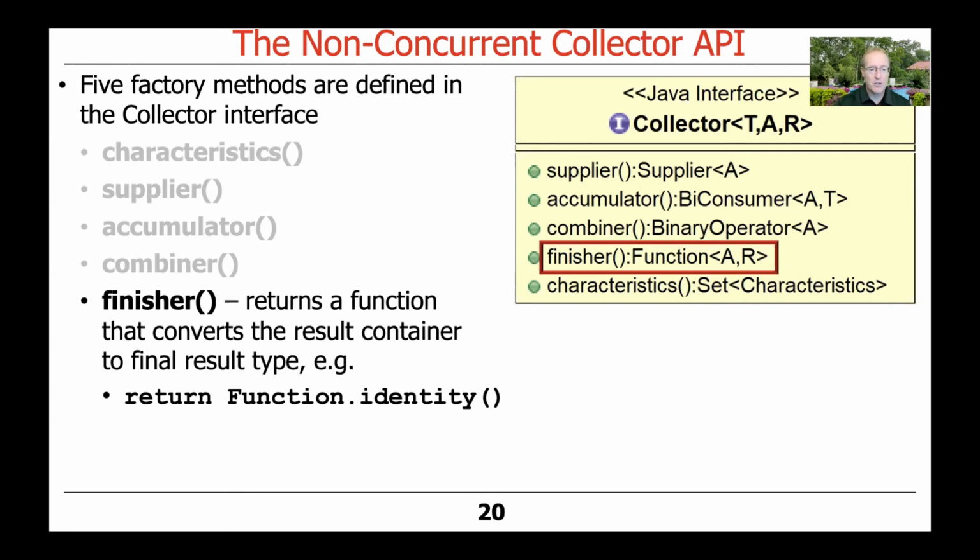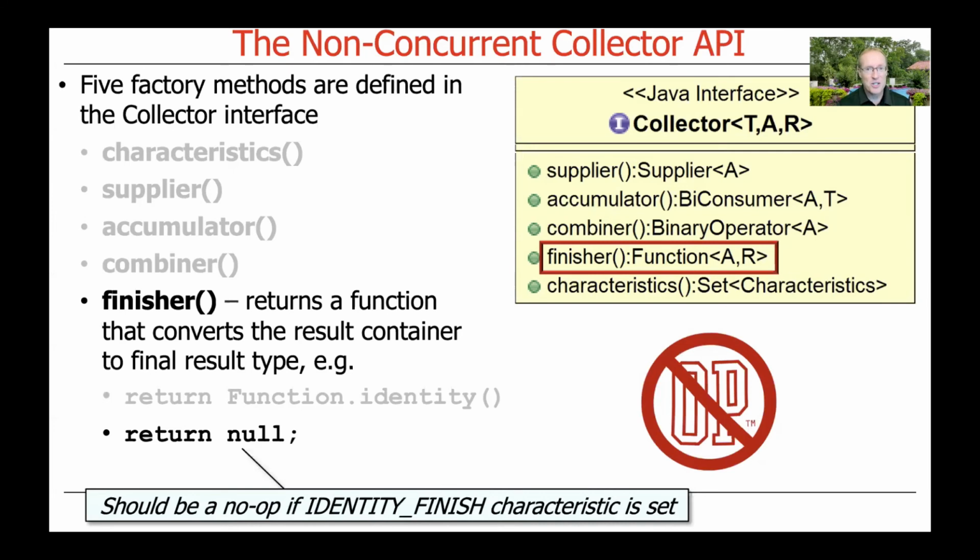If you find yourself returning Function.identity, however, just set the IDENTITY_FINISH characteristic, and then the finisher can be a no-op. You can just have it return null. It doesn't have to do anything because it'll never be called, because we've identified the characteristic for this collector as being IDENTITY_FINISH.